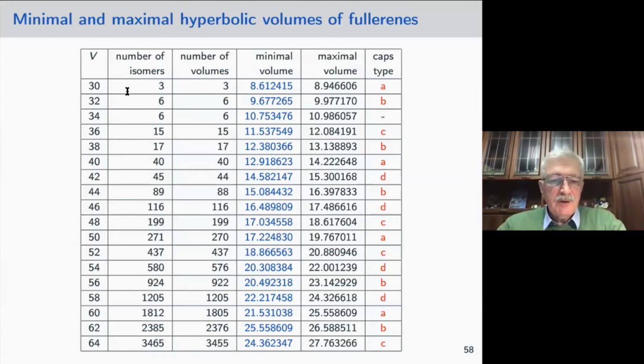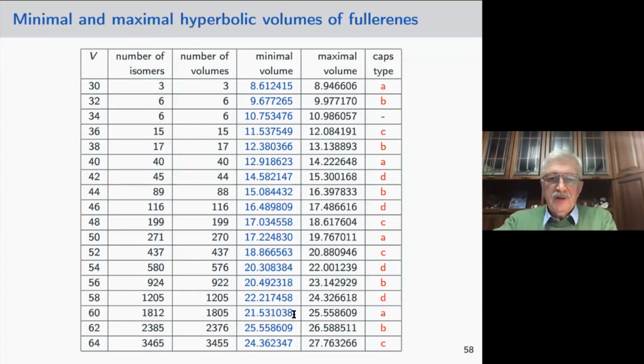Just let me say something about this table. For example, the case which I presented in the previous slides corresponds to 60 vertices. So the number of fullerenes, the number of graphs with this number of vertices is 1,812, and the number of different volumes is 1,805, and 21 is just the smallest among them, and the biggest volume is 25.